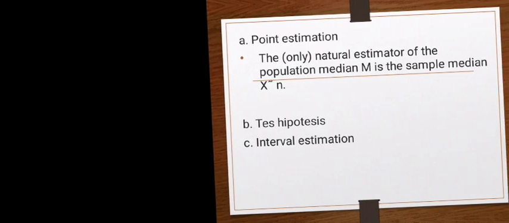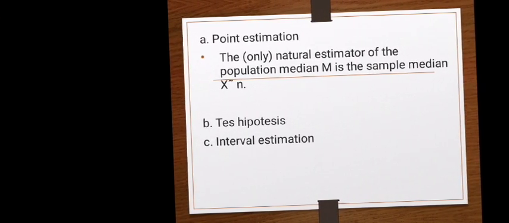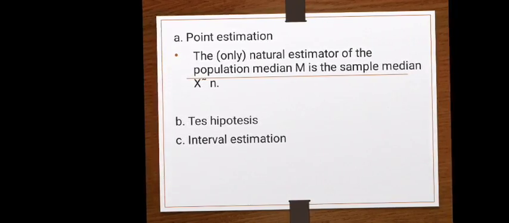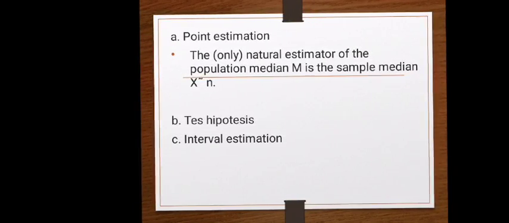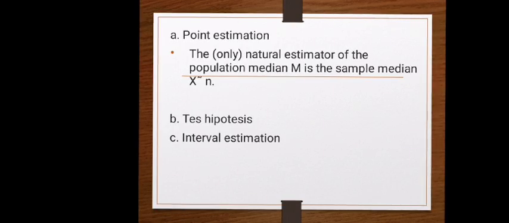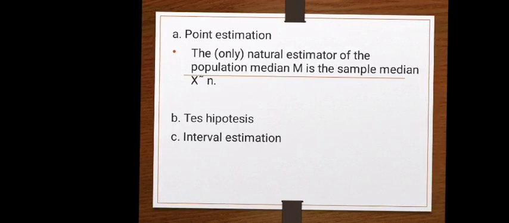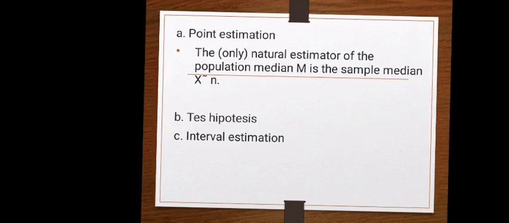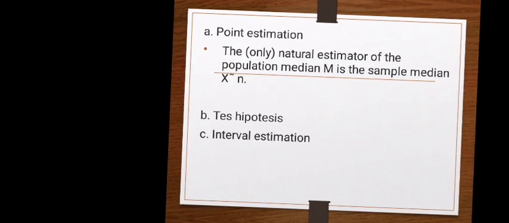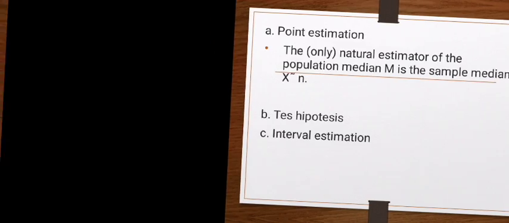There are three kinds of the general one sample location problem. A. Point estimation. The only natural estimator of the population median M is the sample median, X tilde n. B. Test hypothesis. C. Interval estimation.